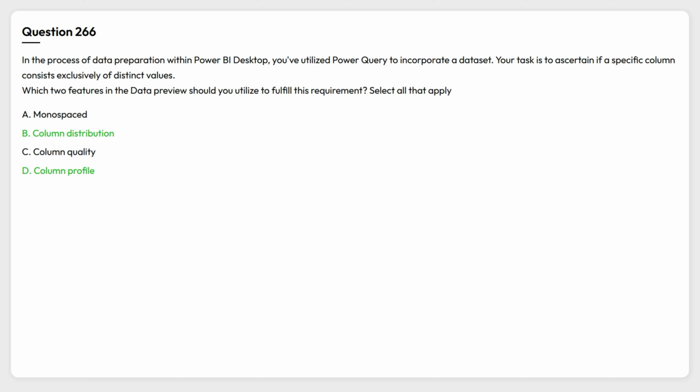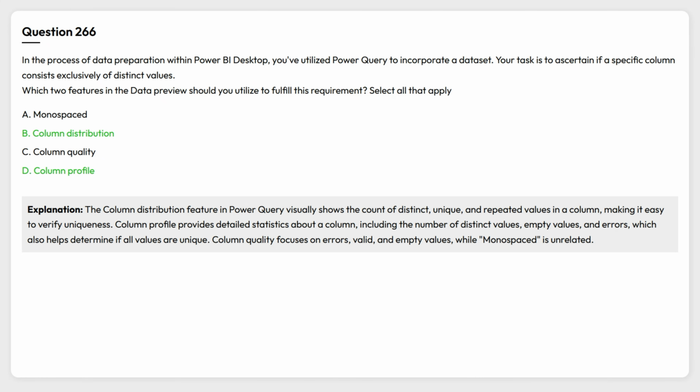The correct answers are Option B, column distribution, and Option D, column profile. The column distribution feature in Power Query visually shows the count of distinct, unique, and repeated values in the column, making it easy to verify uniqueness.